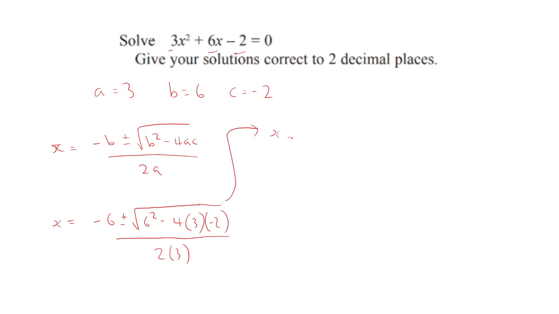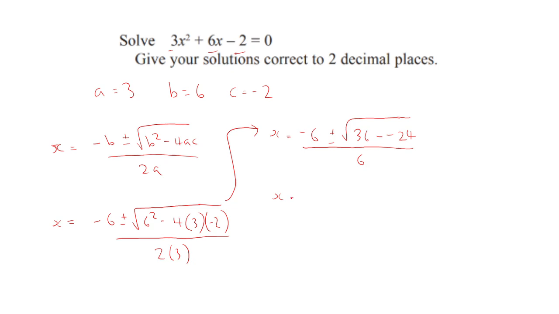So x is equal to minus 6 plus or minus the square root, 6 squared is 36, minus 4 times 3 is 12, 12 times minus 2 is minus 24, so it's minus 24, and this is all over 2 times 3, which is 6.